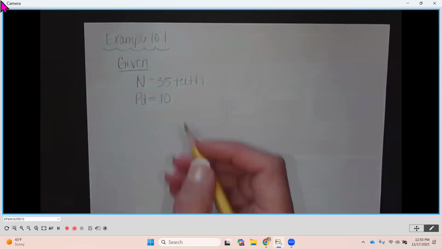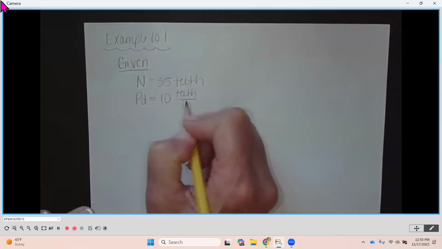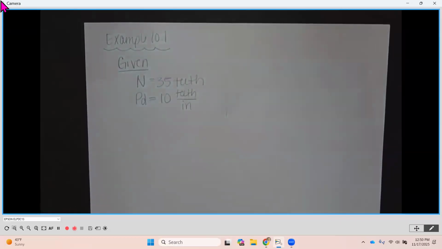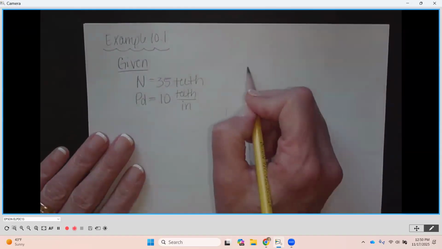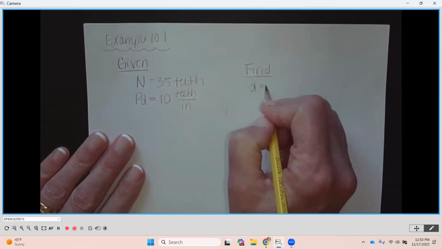So we're going to want to add teeth per inch, even though they're not given, so that in our calculations we're going to get the right units. Okay. So we're given those two quantities for this problem, and then we want to find the pitch diameter.